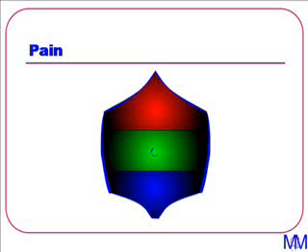The foregut is all of the viscera supplied by the celiac axis, and this is the esophagus, stomach, first part of the duodenum and half of the second part of the duodenum up to where the major duodenal papilla enters the second part of the duodenum. So this is foregut and it's sensed in the epigastrium.